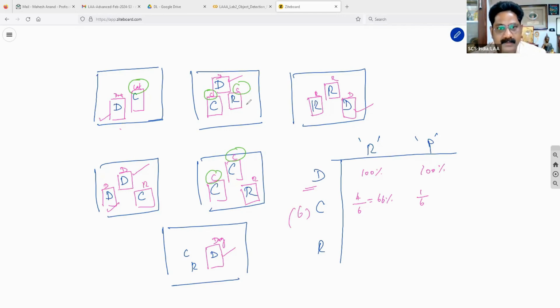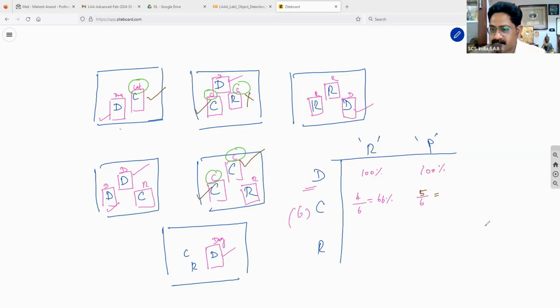This is relevant. Okay, this is relevant. This is not relevant. This is relevant. This is relevant. So how many ticks do I have? Wrong tick. 1, 2, 3, 4 out of 5, right? So this is 5 by 6. So precision for the cat is 5 by 6.